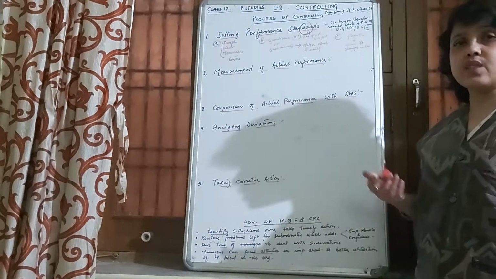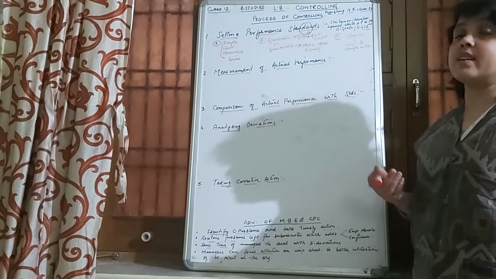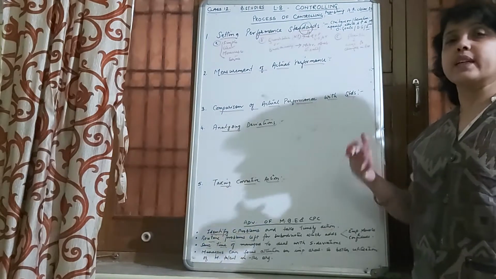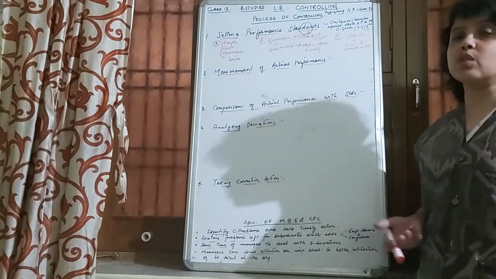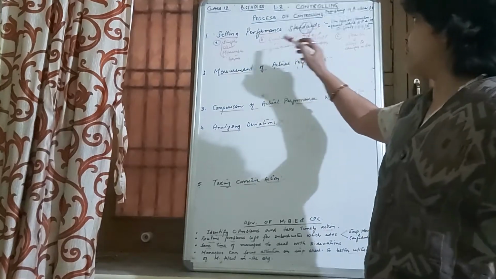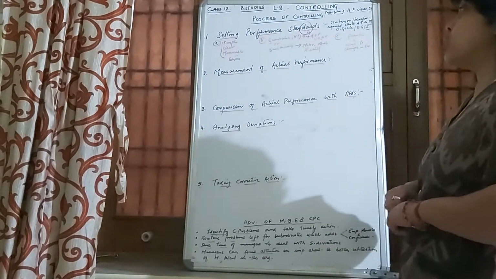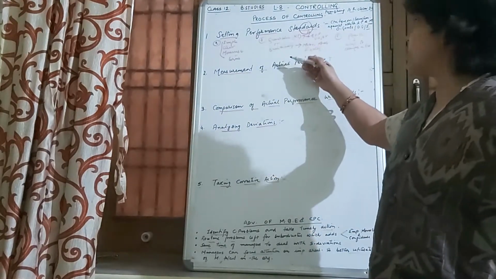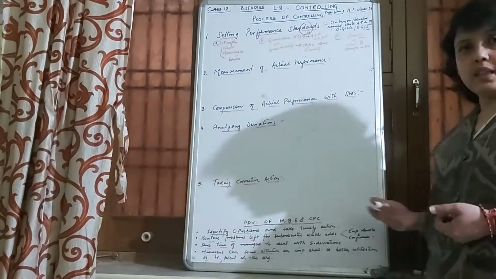If there is flexibility in the standards set, there is always a possibility to quickly adapt to those changes and adjust accordingly, so that the organization doesn't suffer. So in case of performance standard, these 3 points have to be kept in mind. Standard should be simple, clear, and measurable. It can be either quantitative or qualitative, and it has to be flexible so that it can adapt to the changes.